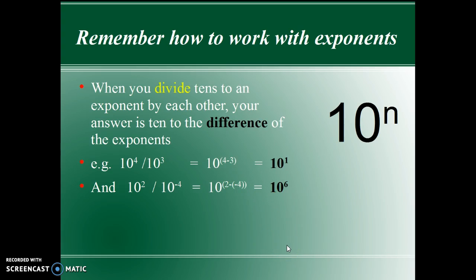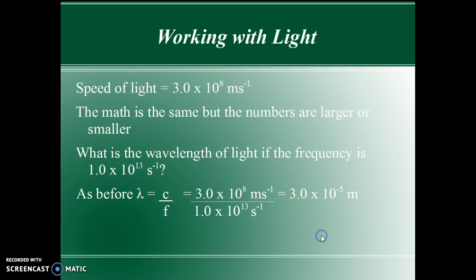When you divide tens to an exponent by each other, your answer is 10 to the difference of the exponents. So 10 to the 4th divided by 10 to the 3rd is 10 to the 4 minus 3, or 10 to the 1st. And 10 squared divided by 10 to the negative 4 is 10 to the 2 minus a negative 4, which is 2 plus 4, 10 to the 6th. All this should be a review of your math.